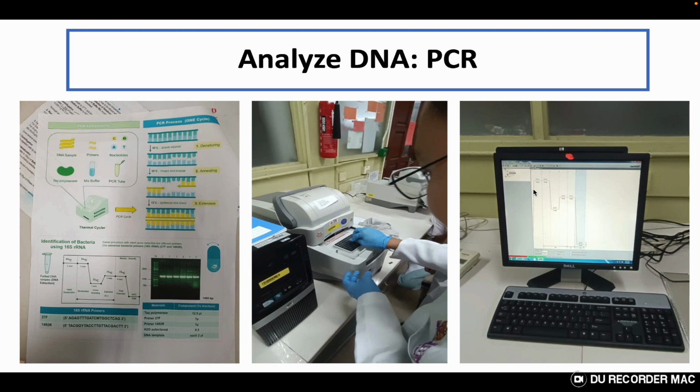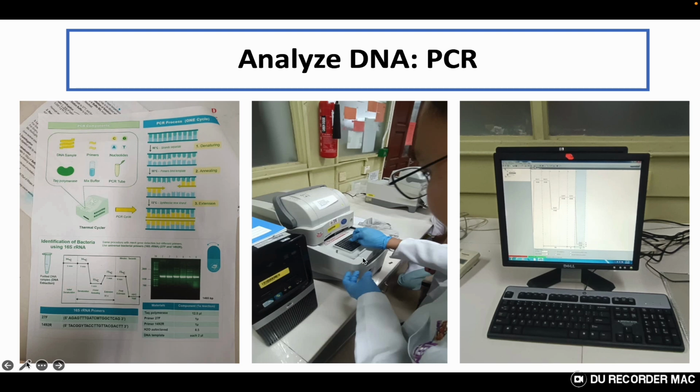And for the analysis we use PCR. This is the picture of the PCR process. On the left, we can see the samples with the added components: Taq polymerase, primer 27F, primer 1492R, autoclaved H2O, and DNA template.